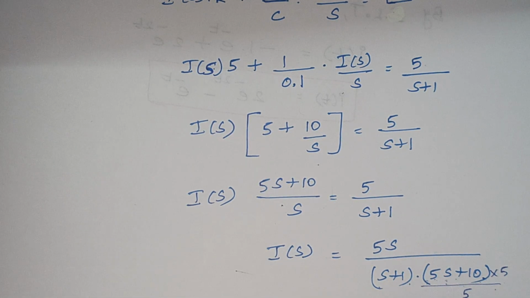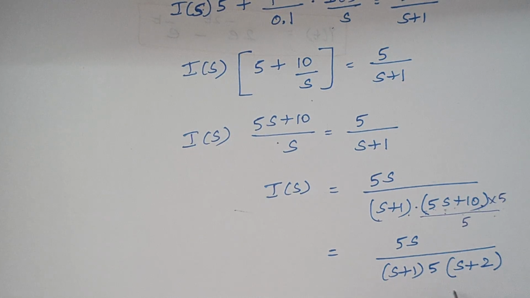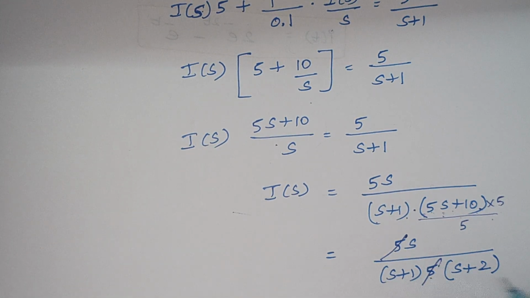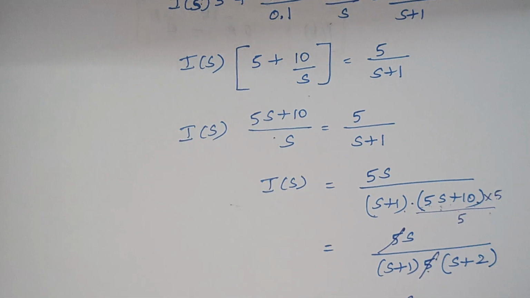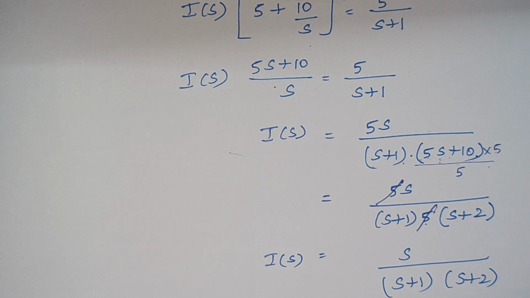When you divide it by 5, this becomes s plus 2, and this 5 remains here. So again, these two terms cancel each other, and finally the expression for I of s is s by s plus 1 into s plus 2.